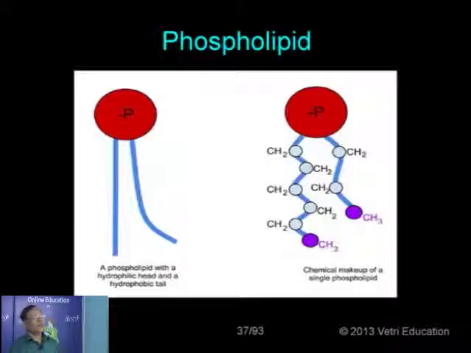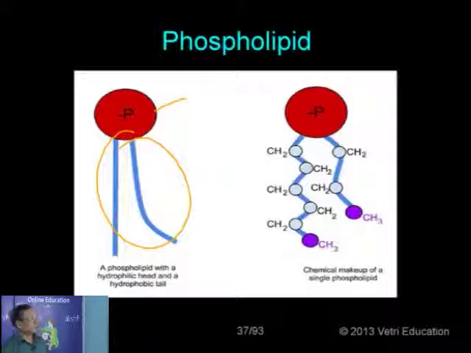He gave the answer in a reverse manner, but actually, if you take any phospholipid or any other lipid, normally the lipid consists of a head and then a tail. The head is normally hydrophilic, the tail is hydrophobic.